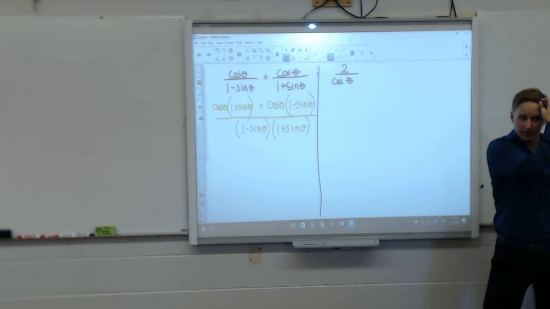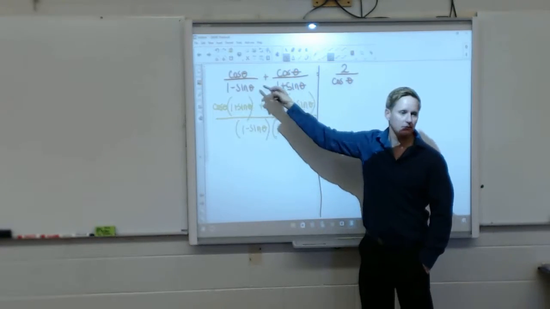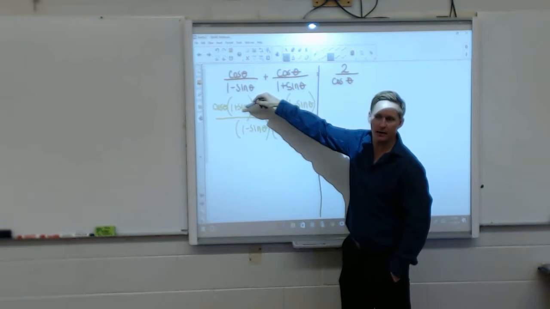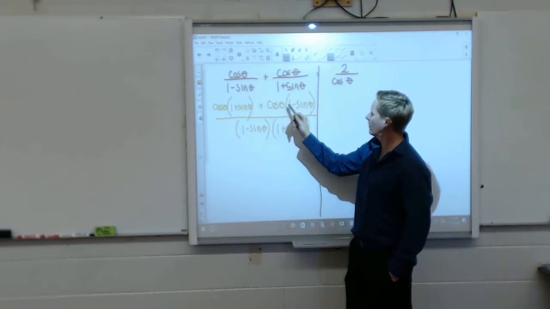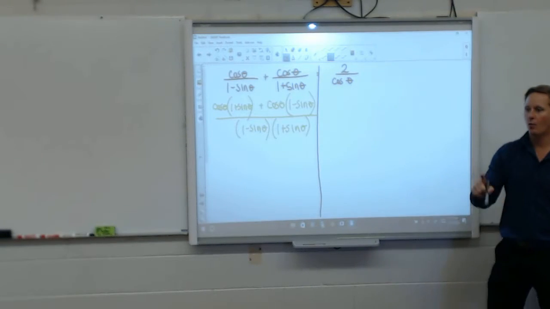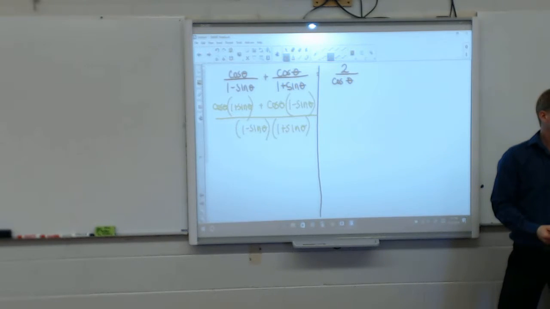Okay, just got a common denominator. The common denominator is this times this. So what's this guy missing? Missing 1 plus sine theta. What's this guy missing? 1 minus sine theta. So again, one step off that list of steps that I gave you, right? So now we got to simplify here.